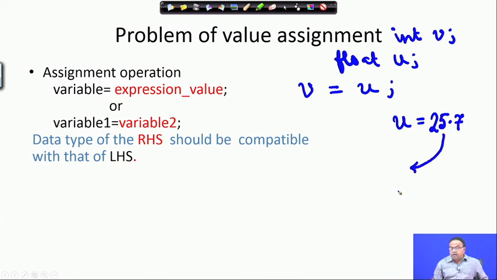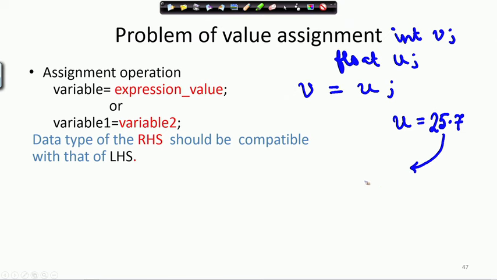So, v can only take an integer value. So, in most of the cases you will get an error. Why? Because depending on the computers, depending on the different architectures, integers are often given 2 bytes and floats are given 4 bytes. So, you are trying to pack a 4 byte number into a 2 byte space, the space is not there. So, the errors can come.